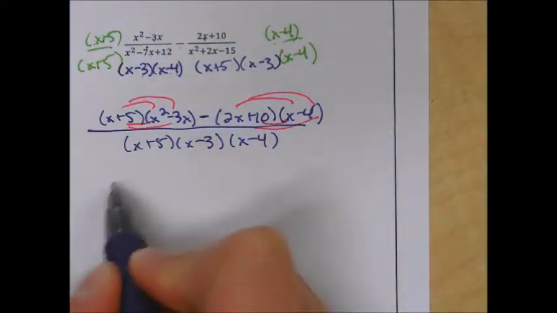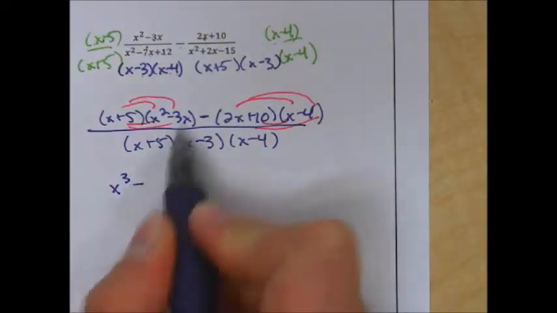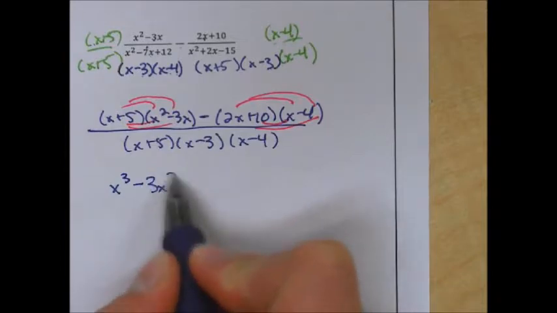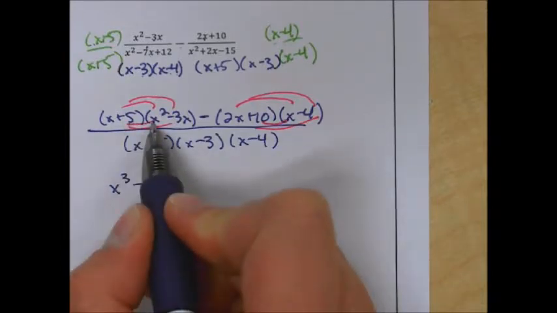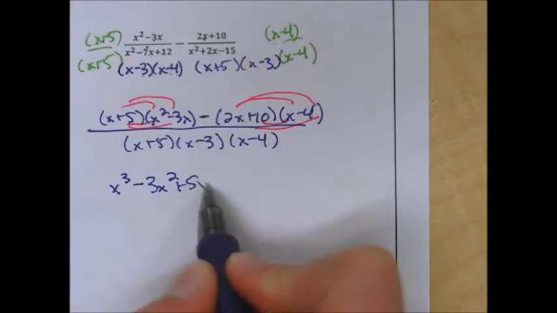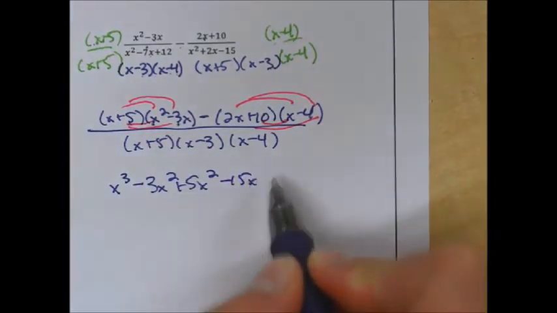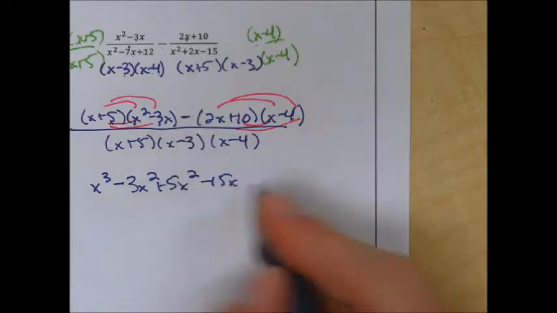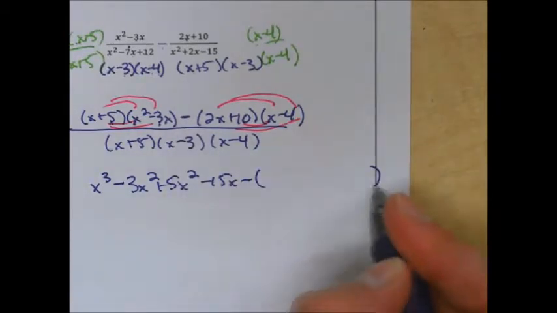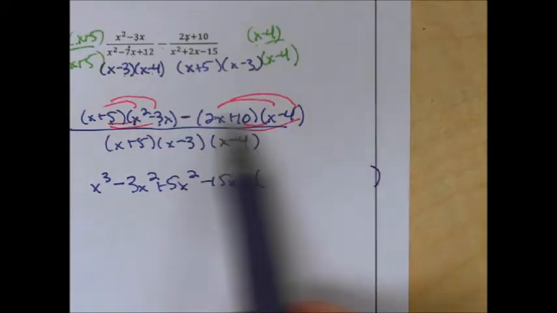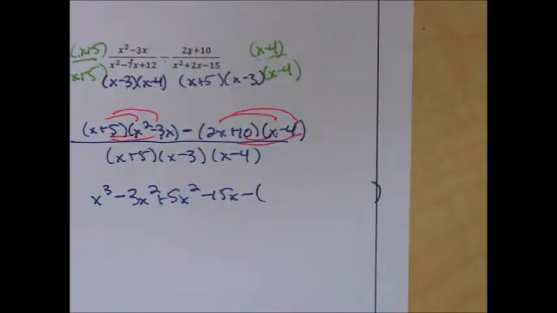I get x to the third minus 3x squared plus 5x squared minus 15x. And then minus, and everything I'm going to get right now, I'm going to put in parentheses. So go ahead and try that. Multiply that one out.